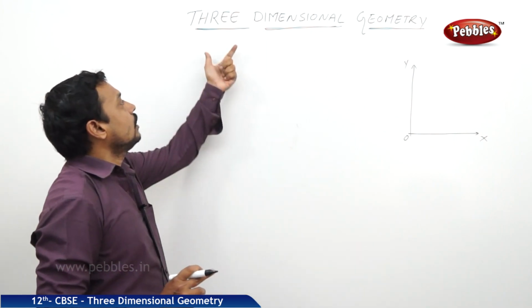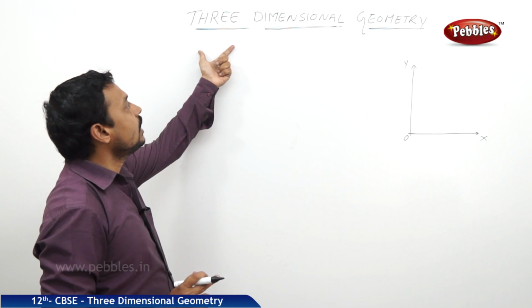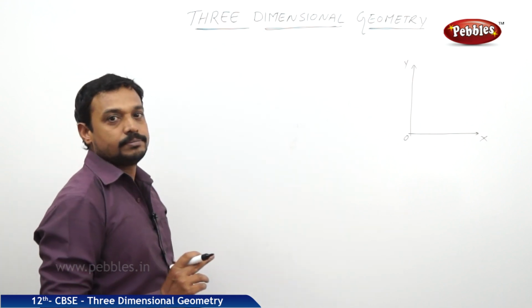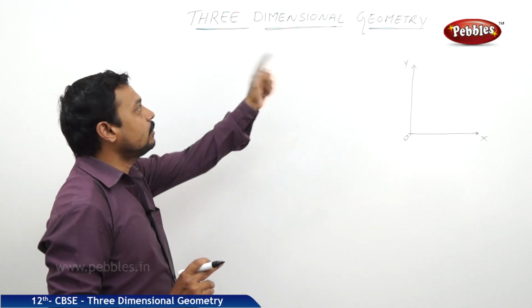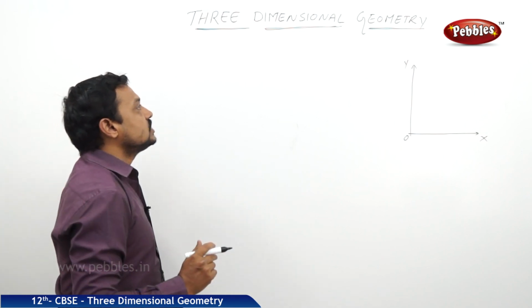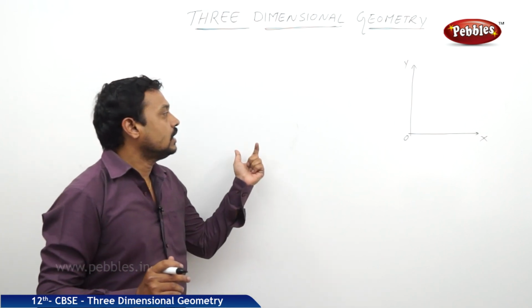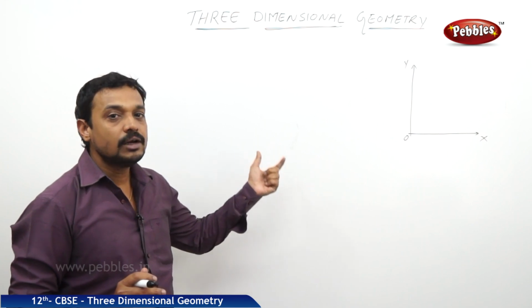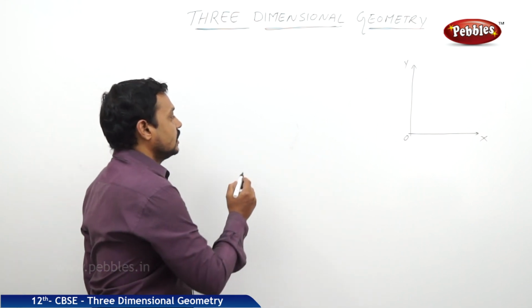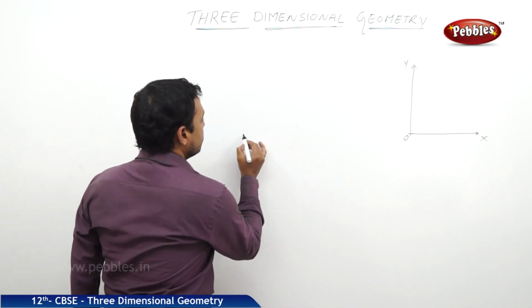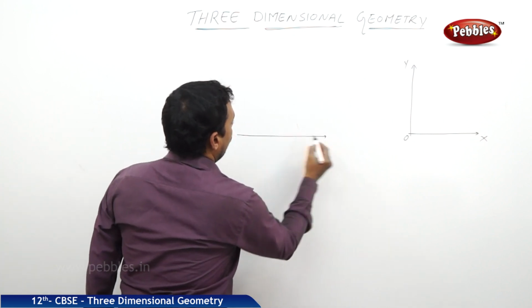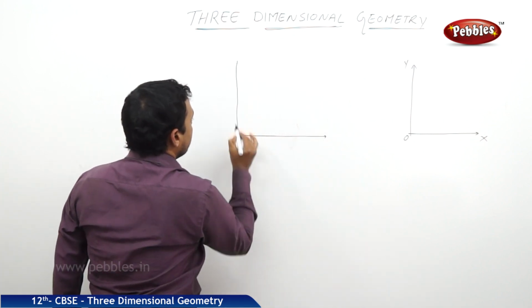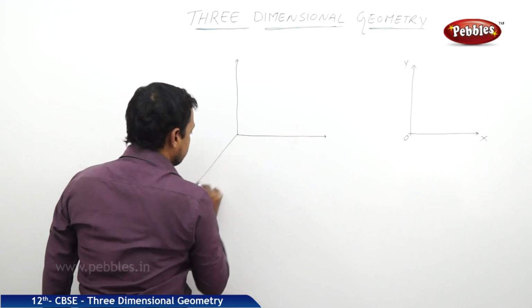Now we are going to learn about three-dimensional geometry. Three-dimensional geometry is the geometry determined by the three coordinate axes, namely the x-axis, y-axis and z-axis.